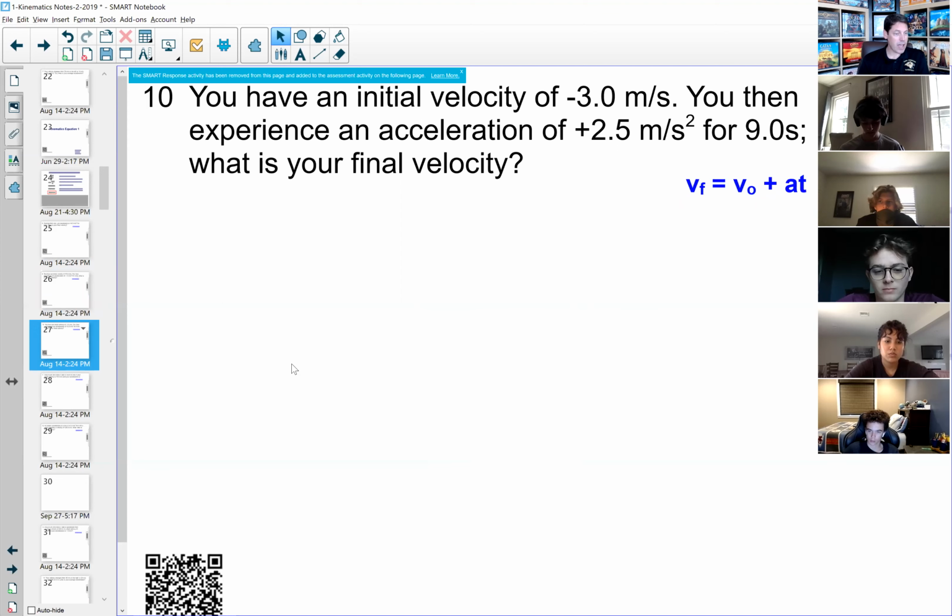All right. You have an initial velocity of negative 3 meters per second. You then experience an acceleration of positive 2.5 meters per second squared for 9 seconds. What is your final velocity?